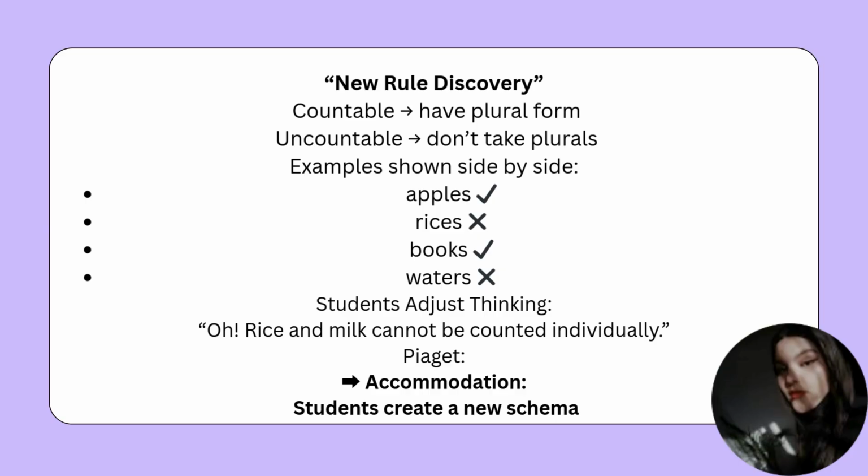It sounds weird. We can say books, but we cannot say waters. So the students adjust their thinking and may say, "Oh, rice and milk cannot be counted individually." And here is where Piaget's theory applies with accommodation, when the students create a new schema with the new information that the teacher gave them.